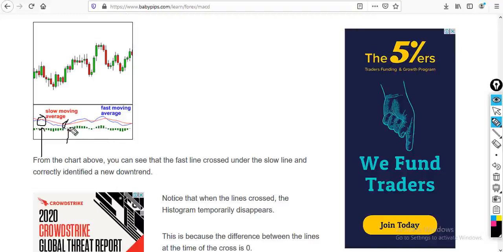However, when the blue line is trading above, you see what happens? Price tends to rise up. However, in this case here, when the blue line falls below the red line, the slower MACD, what happened? Price tends to go down. Look at the MACD here going down. Look at prices here going down. So that's how the MACD works.